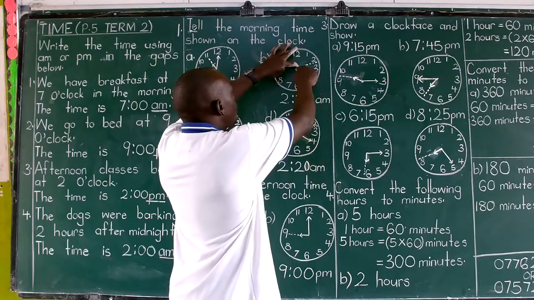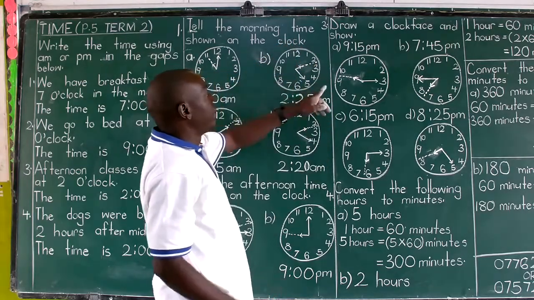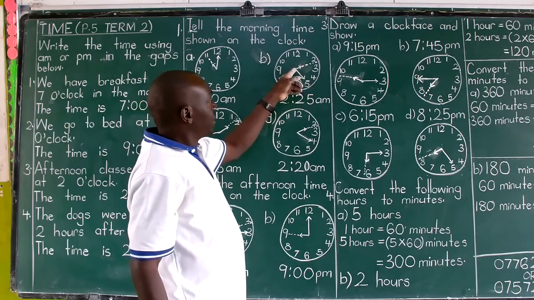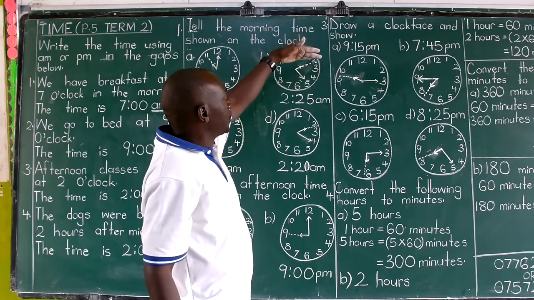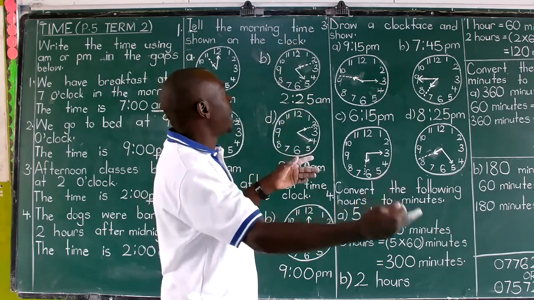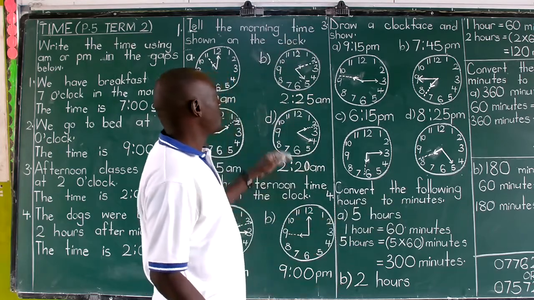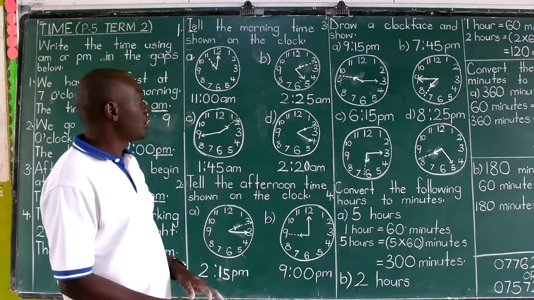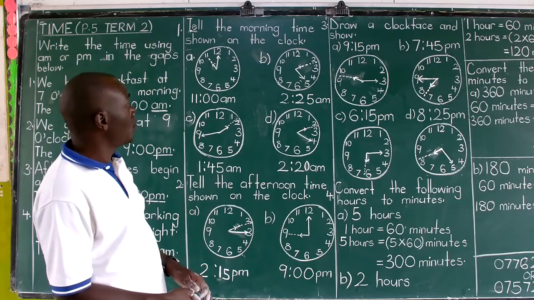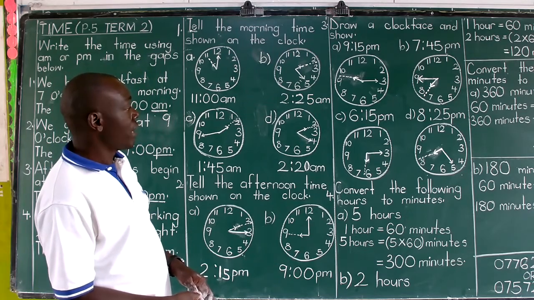It is 2:25 AM. But ensure you see that this one has gone past. It has passed the 2. So that it's 25 minutes past the hour of 2. So the answer is 2:25 AM. Don't write 25 minutes past 2 AM. That's wrong.